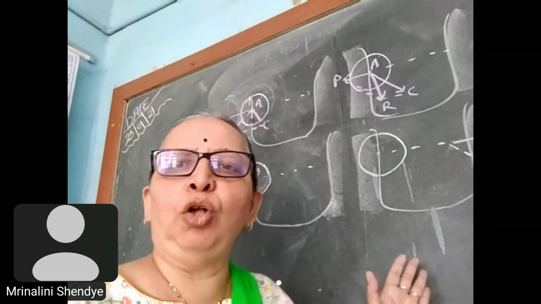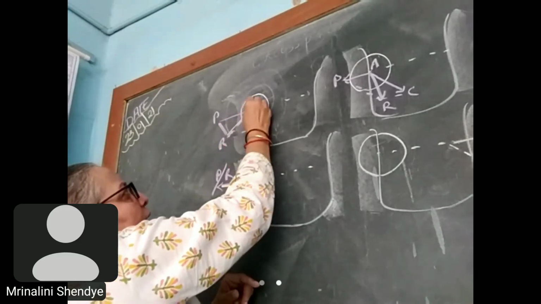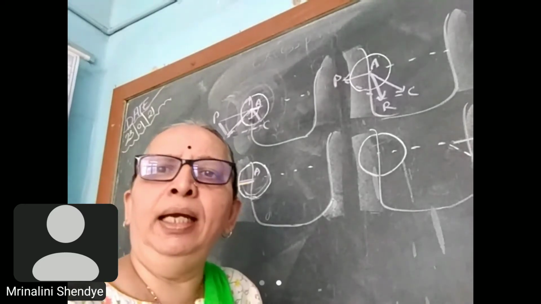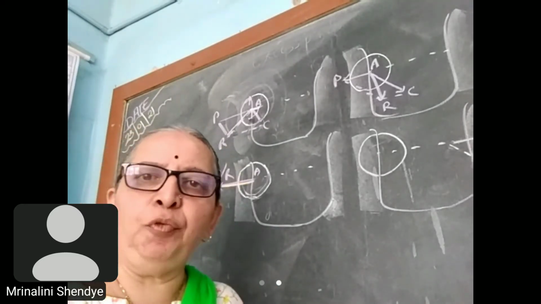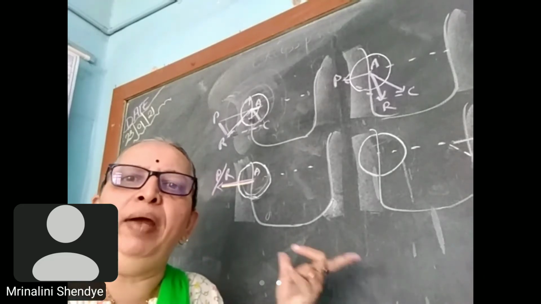Angle between this resultant and the surface should be 90. That is the expectation for equilibrium of the liquid. Resultant should always be tangential.